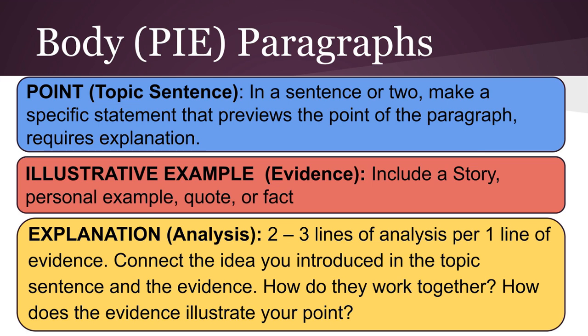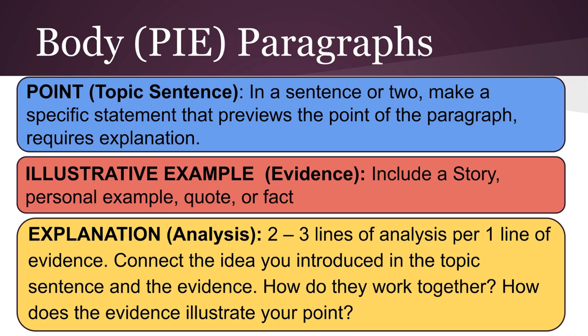Then, after you provide your point, you need to give an illustrative example to the reader so that they can see what you see. They can see an example that can be applied to your point. This could be a story, a personal example, a quote, a fact, a statistic. Essentially, anything that would illustrate your point.